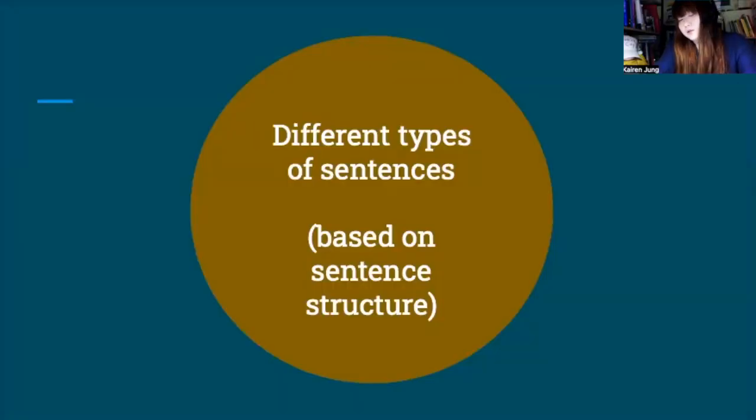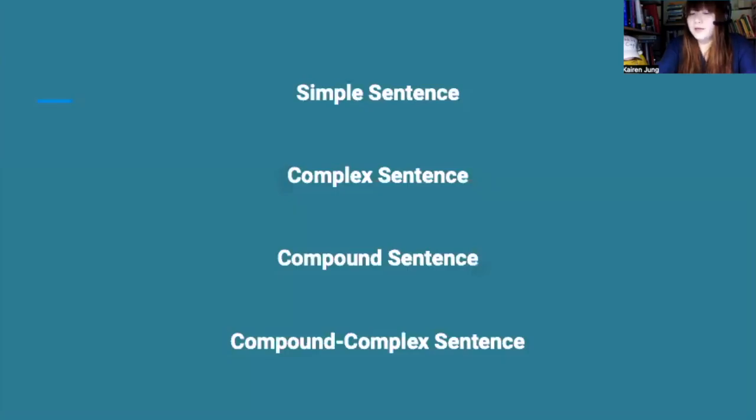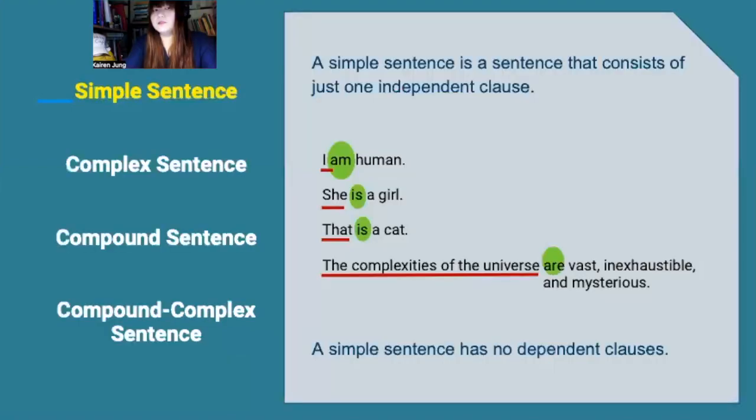Now let's look closely at different types of sentences based on sentence structure. There are 4 main types of sentences based on sentence structure: simple sentences, complex sentences, compound sentences, and compound complex sentences. First, let's look at the simple sentence.